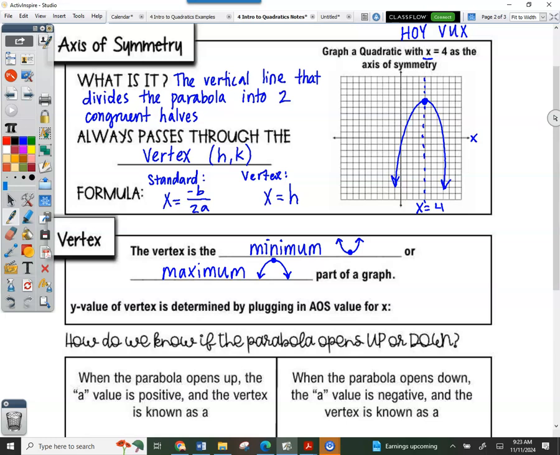The y value of the vertex is determined by simply plugging in the AOS, which here stands for axis of symmetry. They're calling it AOS on the rest of the sheet. So the y value of the vertex is determined by plugging in your axis of symmetry, which was your x value of the vertex.